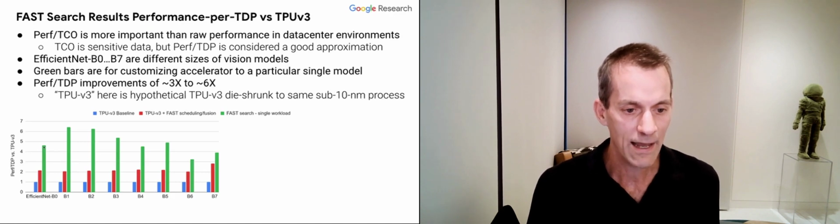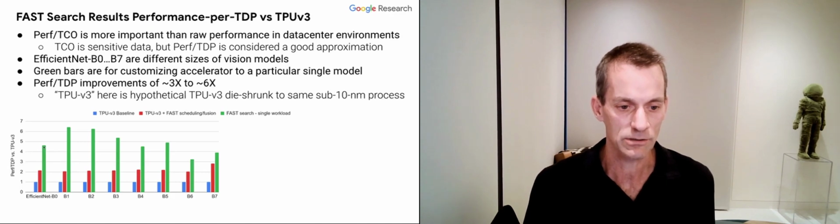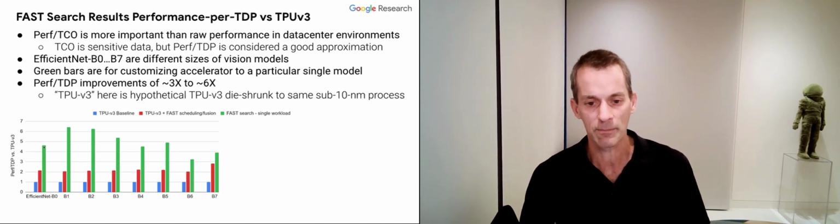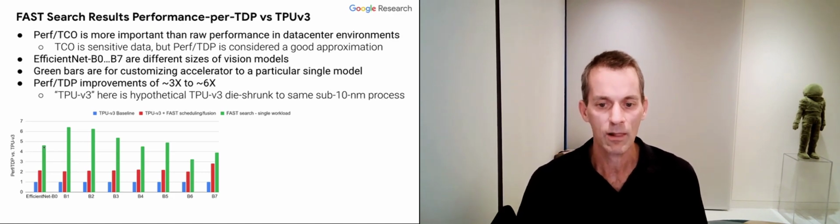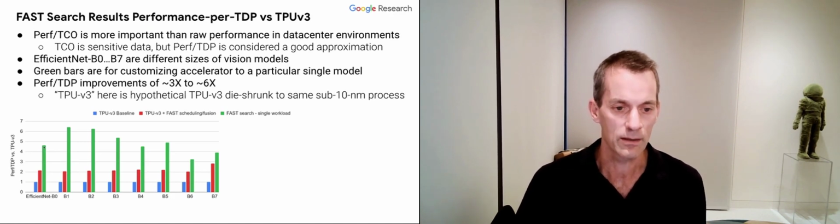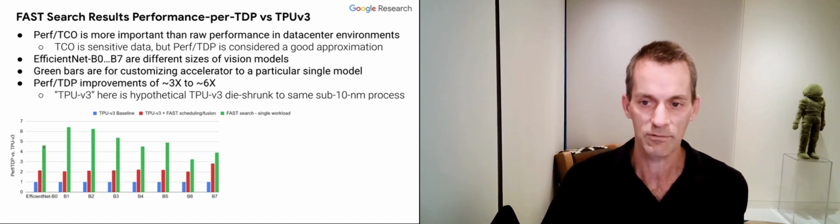And then red is going to be a TPU v3 baseline plus some of the compiler optimizations that were discovered as part of the green search, but not changing any of the architecture. And so what you see is you get some benefit from new and interesting compiler optimizations that have been discovered, but there's still substantial headroom that comes from jointly co-designing the hardware architecture decisions and the compiler fusing optimizations.